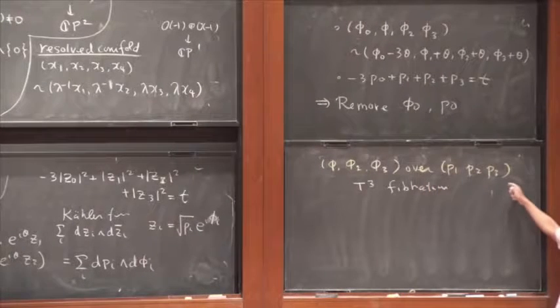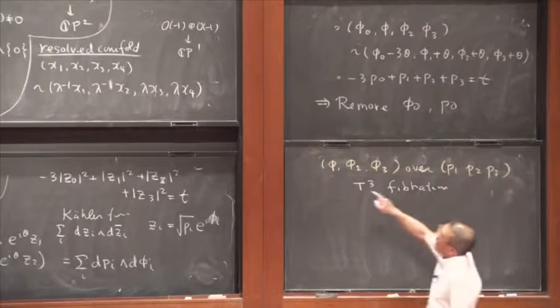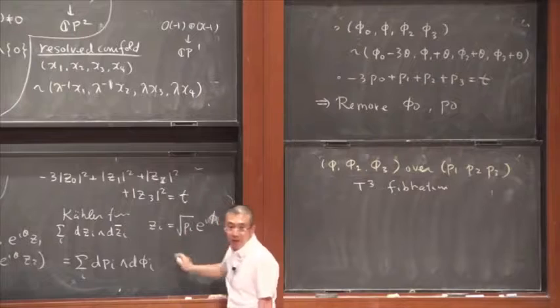But what is the space of p1, p2, p3? First of all, each p has to be a positive number because of this parameterization.